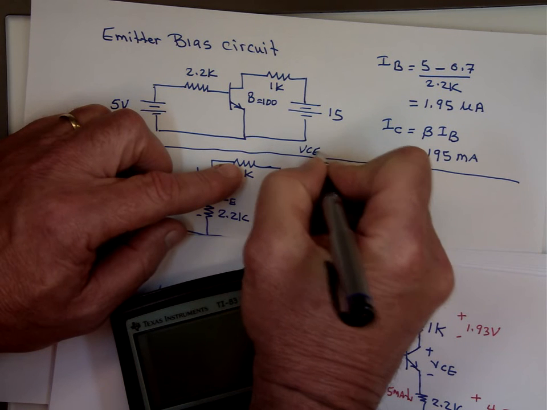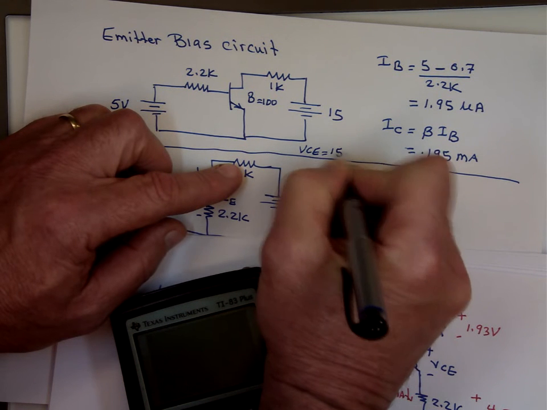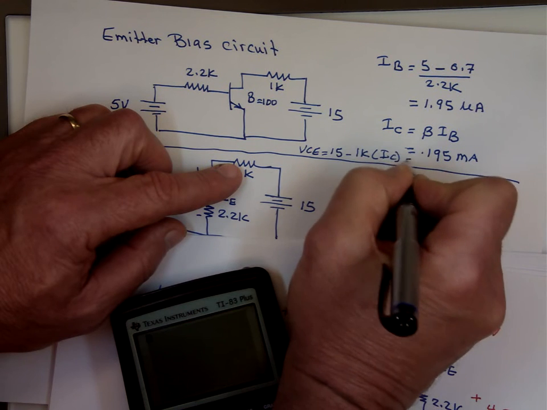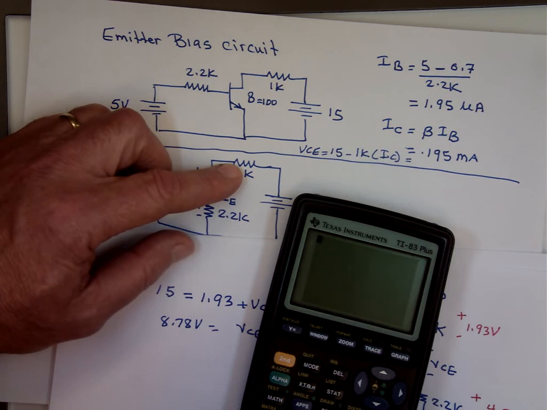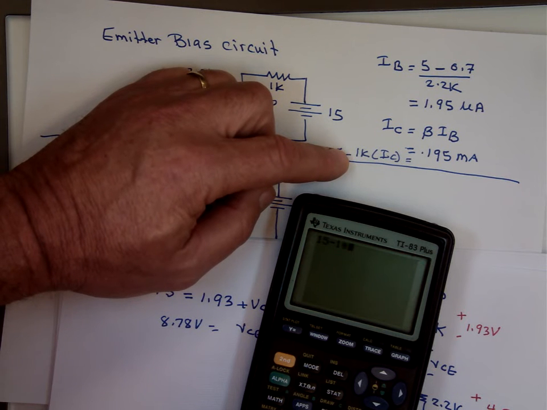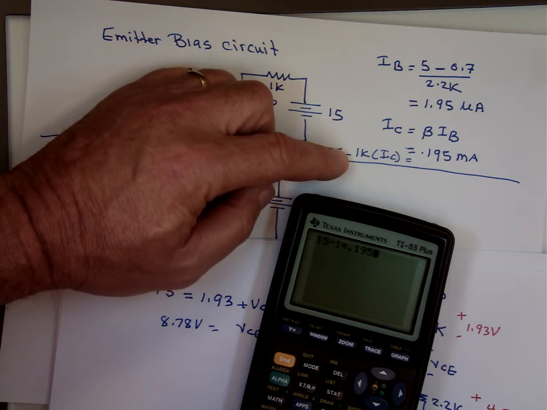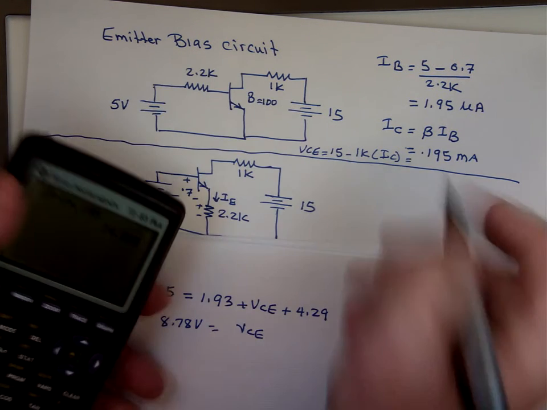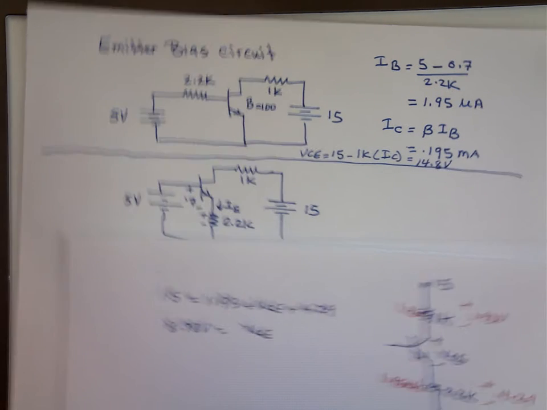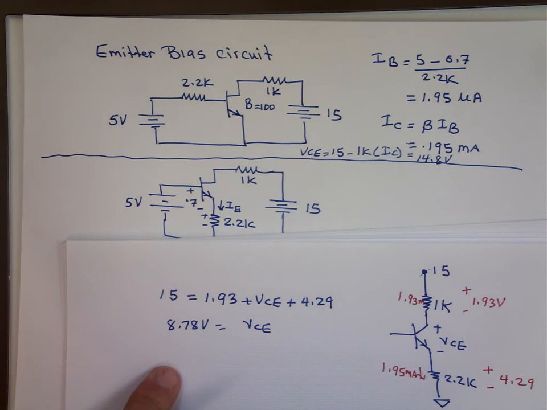Equals 15 minus 1K times I sub C. So that would be what? 15 minus 1 times 0.195, and that's 14.8. And look what VCE right here is. See that one? It's much smaller.